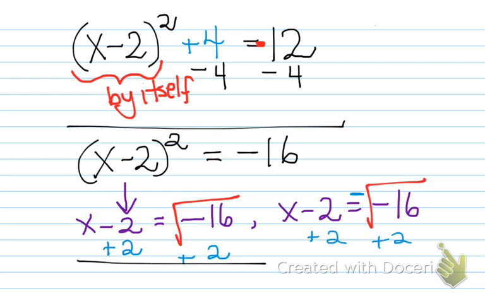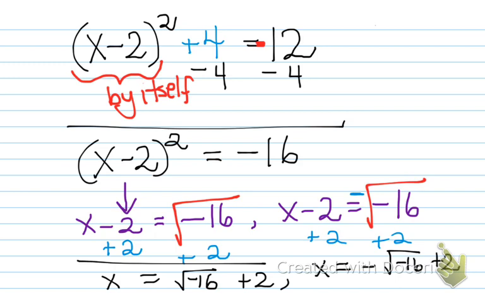And we have x equals the square root of negative 16 plus 2. And the other x is x equals a negative square root of negative 16 plus 2.